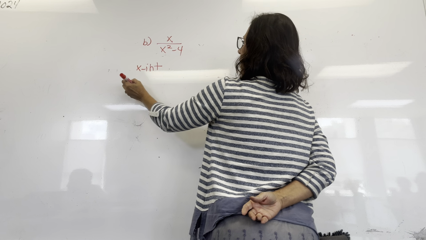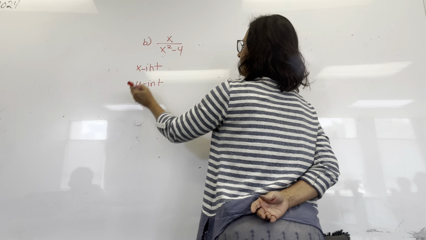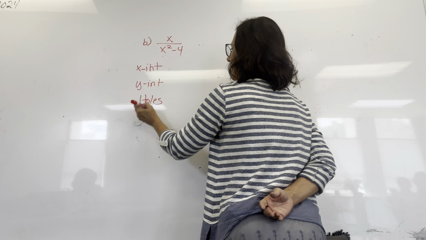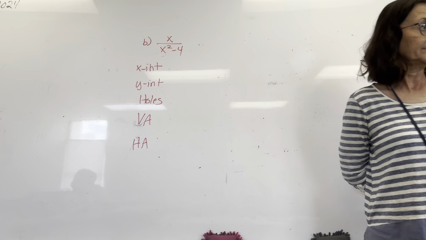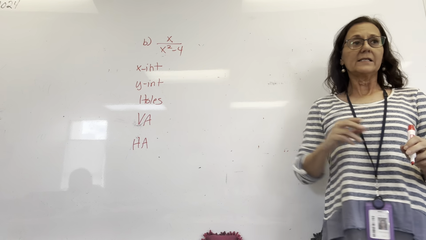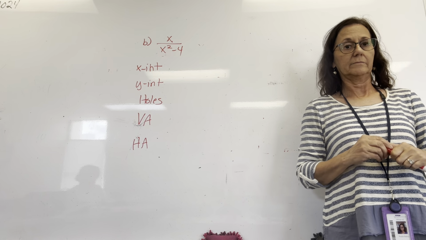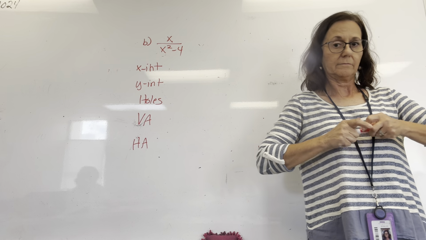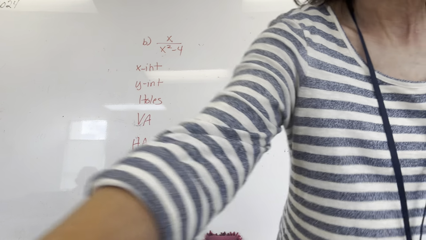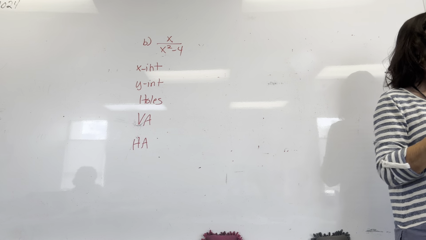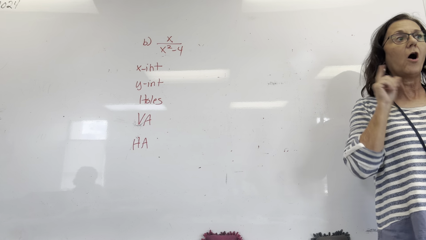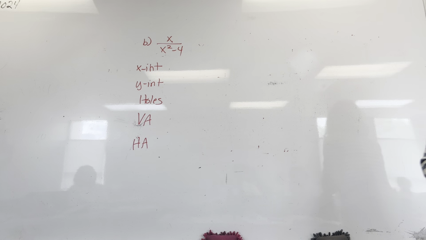x-intercept, y-intercept, holes, vertical asymptotes, horizontal asymptotes. Okay. Are there any x-intercepts? Yes, there are. What is it? Would it be 0?